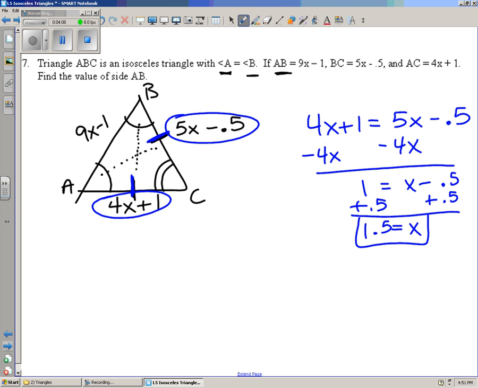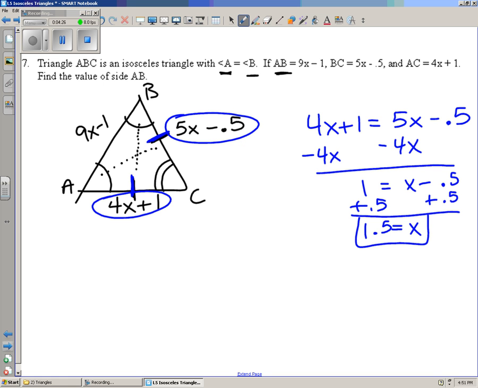The most common mistake with this question is that many of you thought that you could add up all 3 sides and set them equal to 180. That's incorrect, because these are sides and not angles. Sides of a triangle do not need to add up to 180, only the angles do.